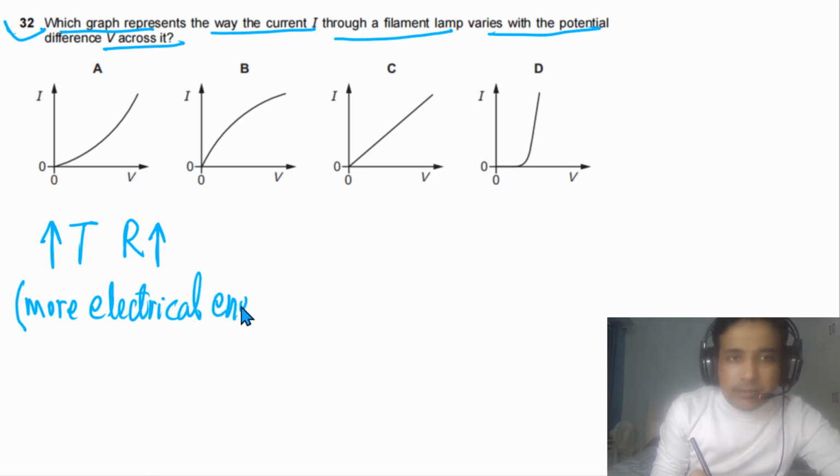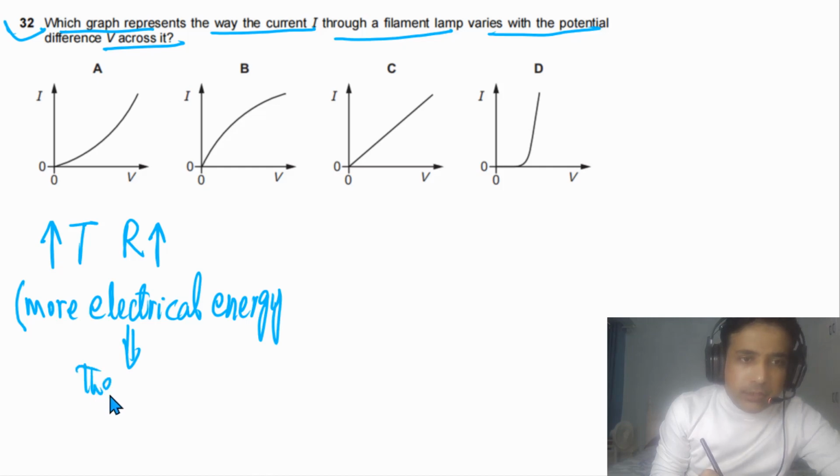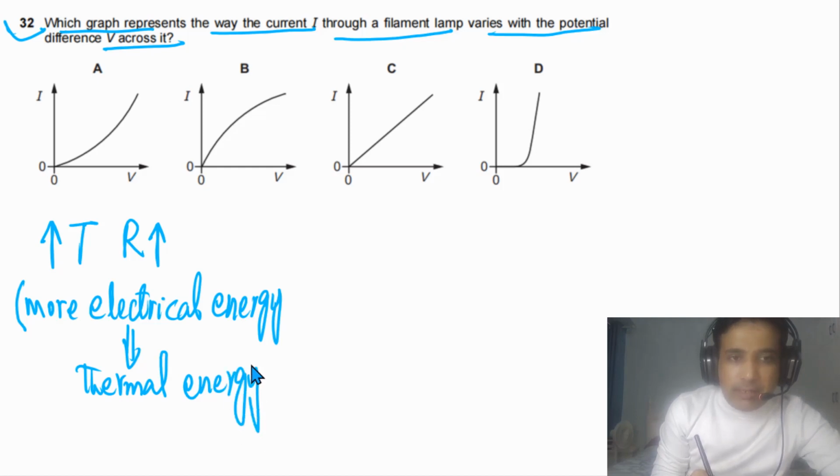More electrical energy converted into thermal energy means the PD across the filament lamp increases, or simply we can say the temperature will increase when the PD across the filament lamp increases.